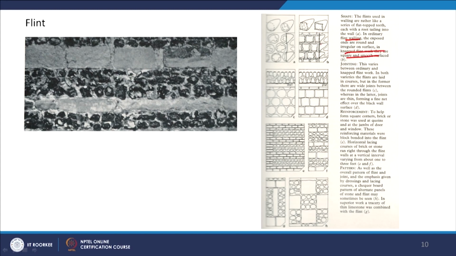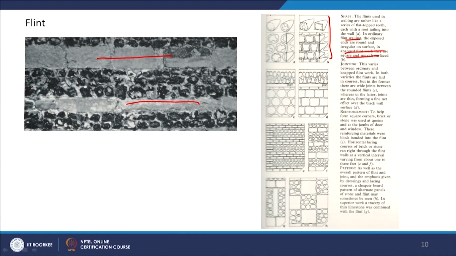They are square in the other type, so there are different ways to arrange flint work. The one you can see here has different bands, with the flint becoming a filling material in between these bands, and on the tops creating a kind of coping.